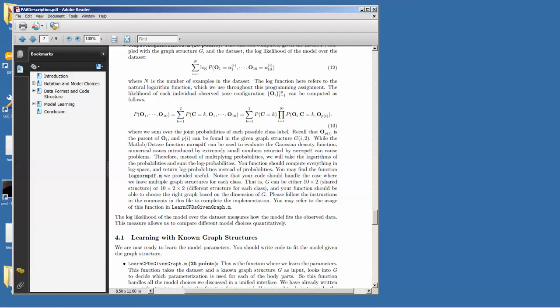For example, in this assignment, is it more likely that the realistic model, where all the joints are connected with parents, would fit the data better than the naive Bayes model? So it helps you choose the model. That's what this likelihood or log likelihood is all about.